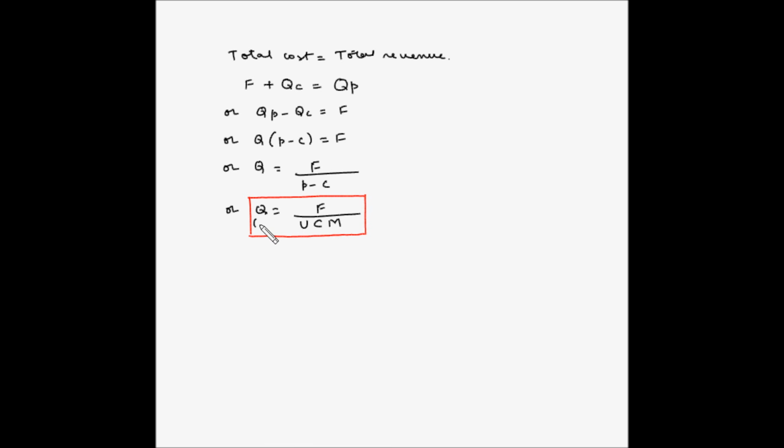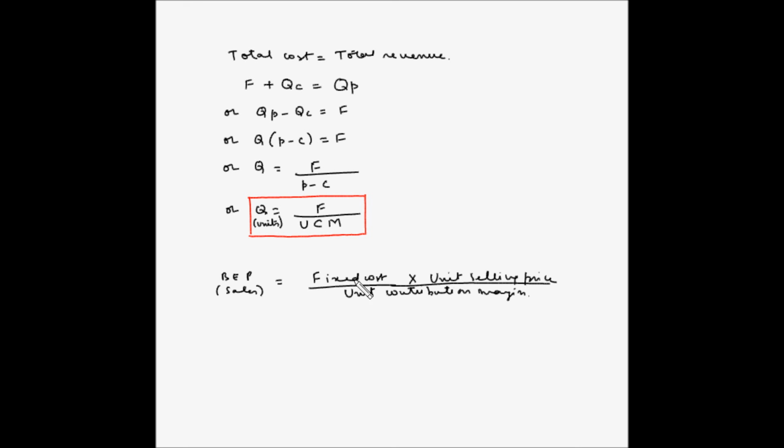Now, of course, this is in terms of units. If we have to find out the break-even point in terms of total sales or revenue, we know that the break-even point in terms of sales is equal to fixed cost multiplied by the unit selling price divided by unit contribution margin.